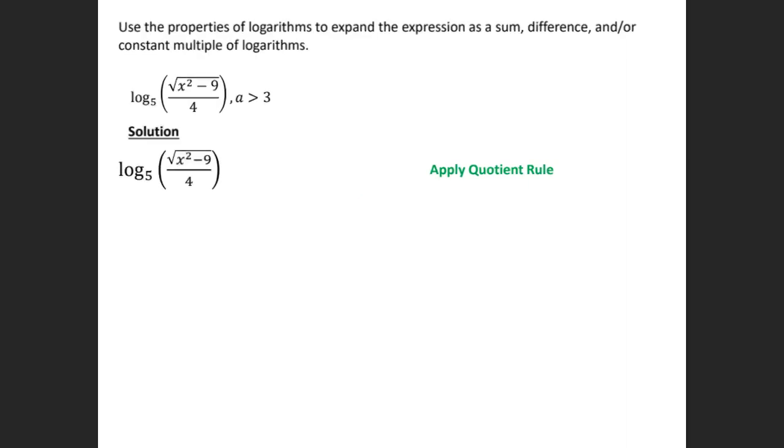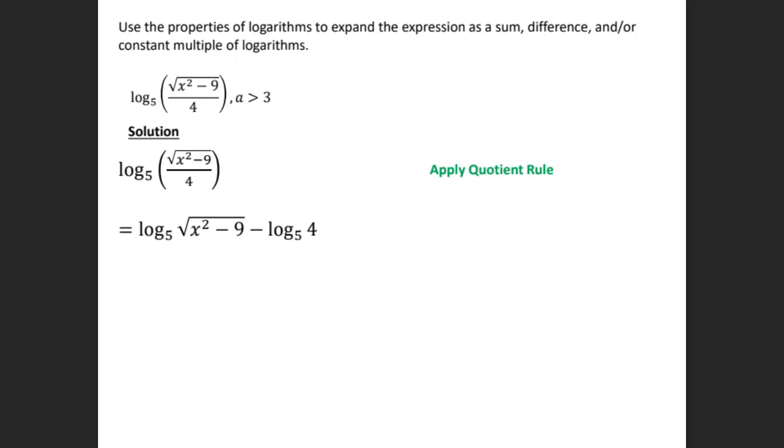Let's expand this log. Log of base 5 of the square root of x squared minus 9 divided by 4, okay? So the first thing that I see is that I have a log of base 5 and the input has a division, right? There's a fraction. So what I'll do is apply my quotient rule. This can be expanded to the log of base 5 of the square root of x squared minus 9 minus the log of base 5 of 4.